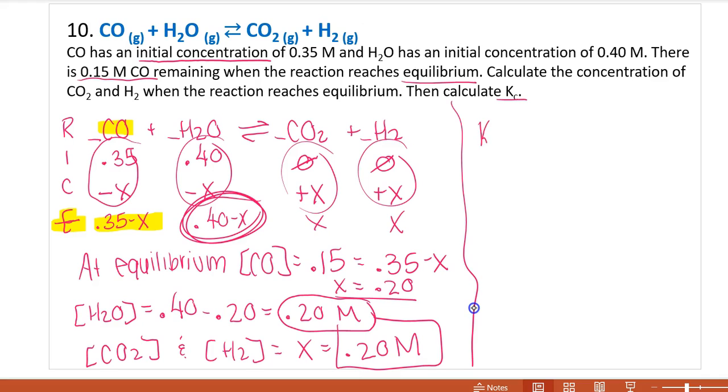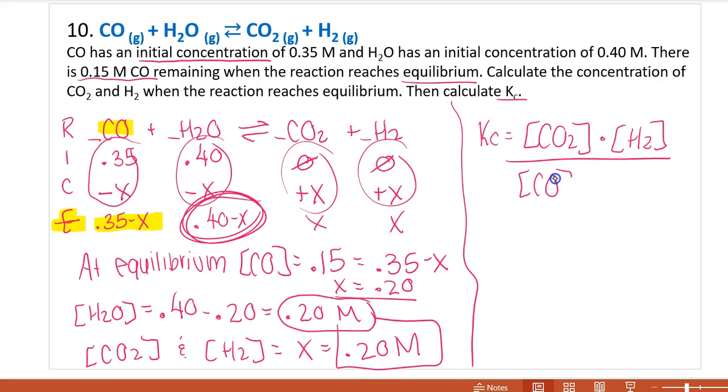Last step is to solve for our equilibrium constant. Products over reactants. And now I just need to plug in all of my equilibrium concentrations. So the concentration of carbon dioxide and hydrogen are both 0.20 molar.